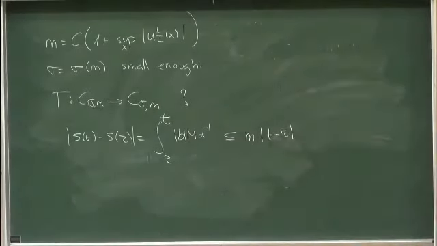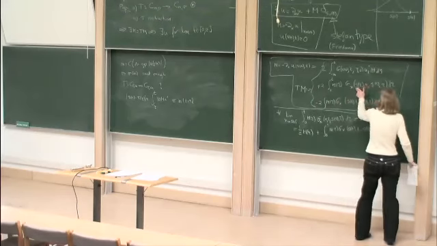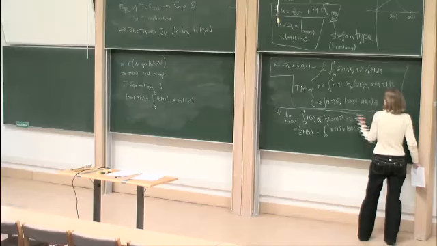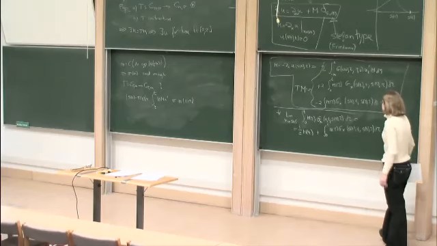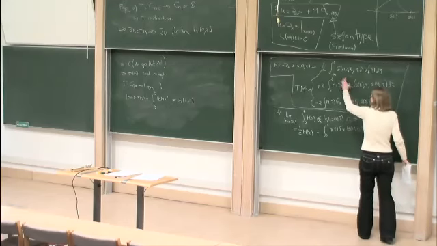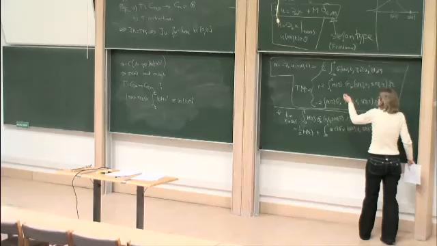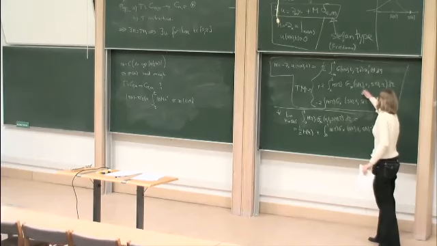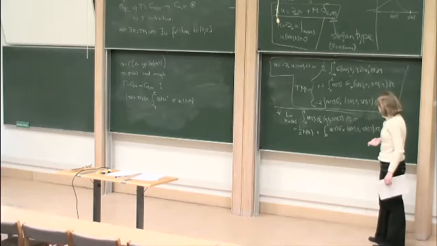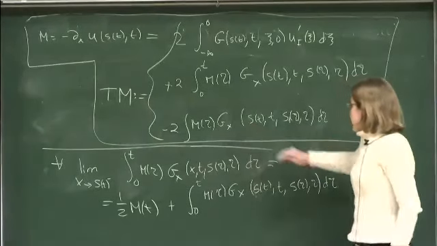So somehow you have a very good control of the difference of these two. When you put it in the formula for the g, then you can work out the estimates a little bit, and then you are done. And then for the third part, what happens?